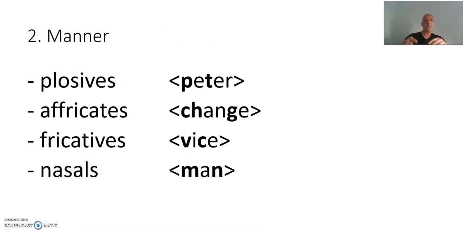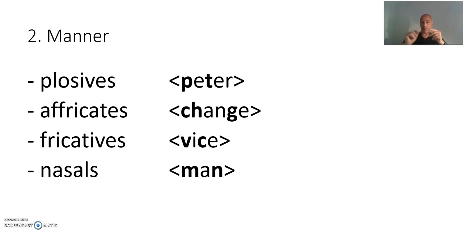The third, the manner of articulation. More or less four are very important in English. There are others, semi-vowels and something like that, or in other languages, but we'll come to those. These are the main manners of articulation in English. First, whether it is a plosive, whether the sound explodes, as in Peter.